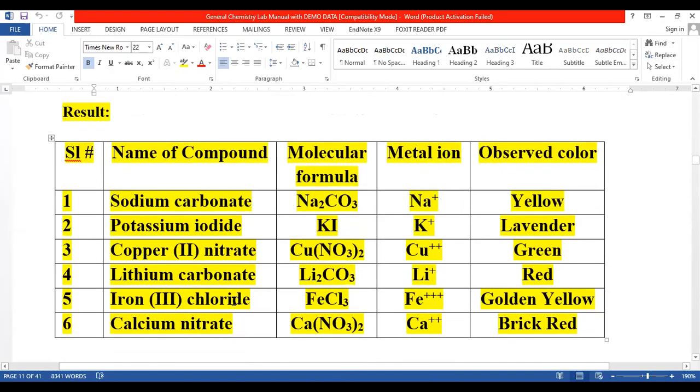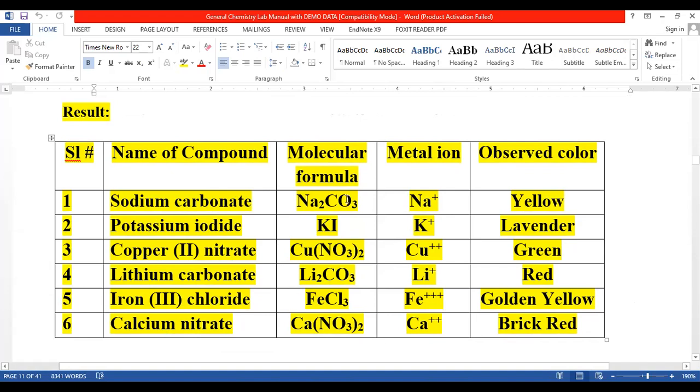Usually in our chemistry laboratory, we analyze around six compounds: sodium carbonate, potassium iodide, copper(II) nitrate, lithium carbonate, iron(III) chloride, calcium nitrate.